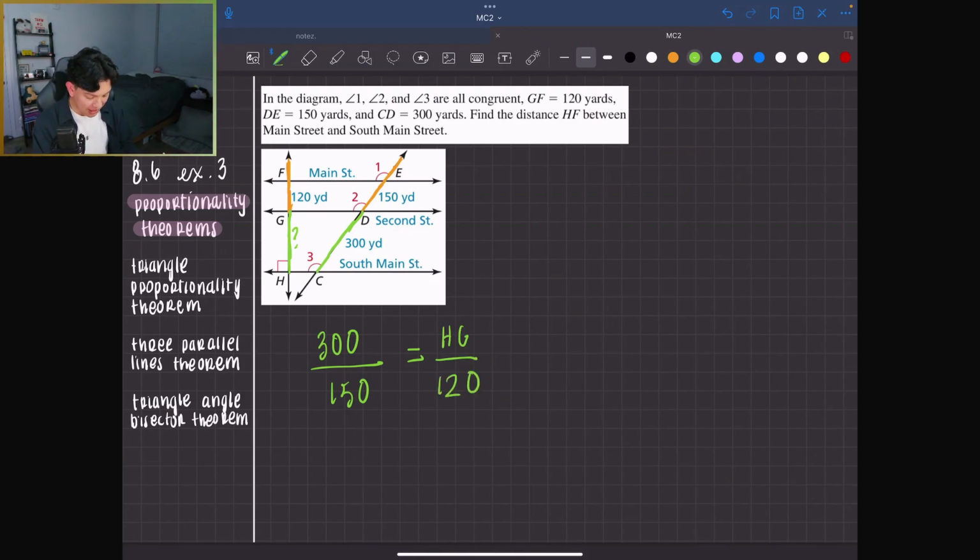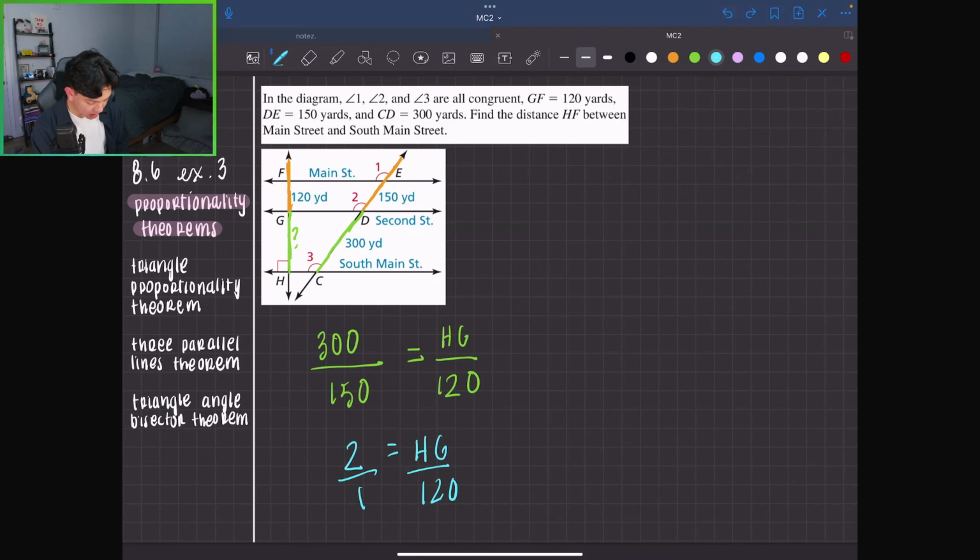Awesome. What you probably want to do here is to cross multiply, but thankfully we have a cool fraction over here, 300 over 150. This is just going to simplify to what? 2. And 2 is going to equal HG over 120. Now we can cross multiply. 2 is the same thing as 2 over 1. And what does HG have to be in order for us to get 2 over 1?